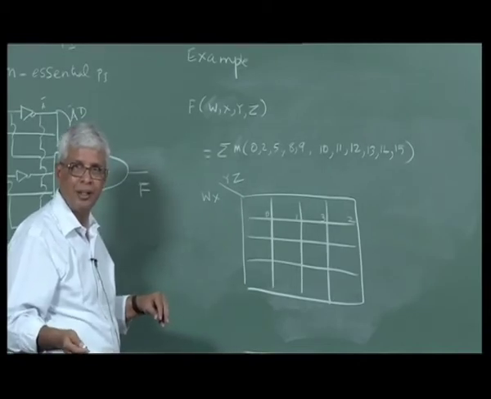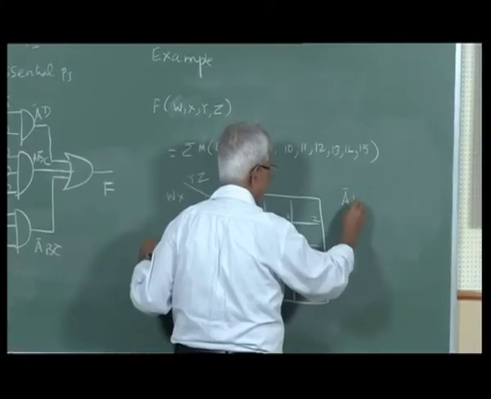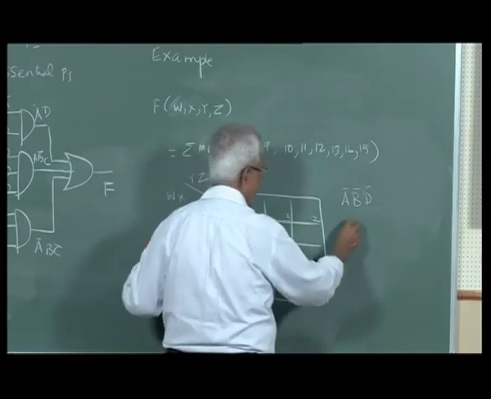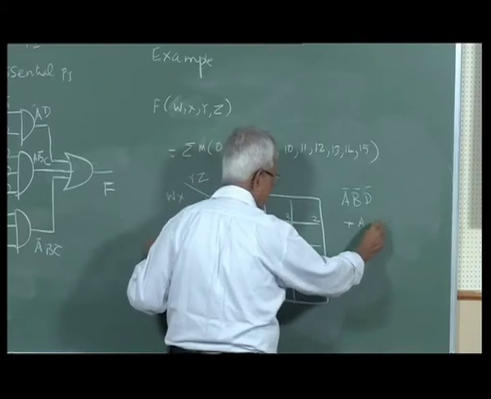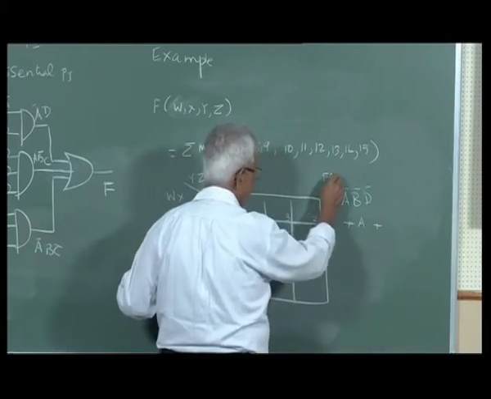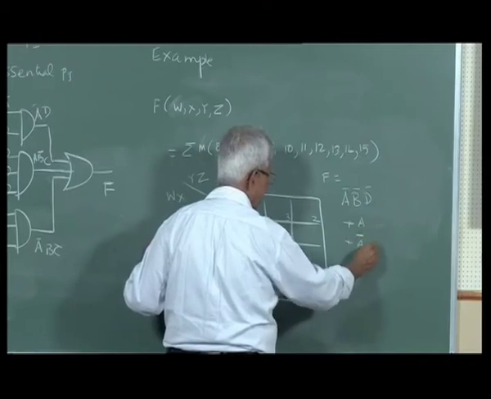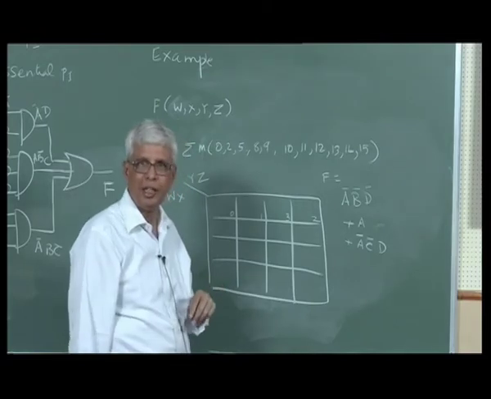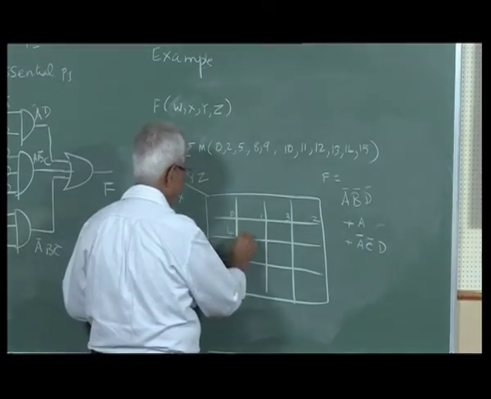A bar, B bar, D bar, plus A bar, B bar, D, plus A bar, C bar, D. Let me see. So right or not? Good. I hope it is right.